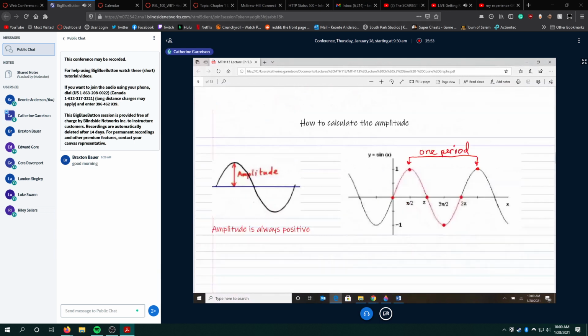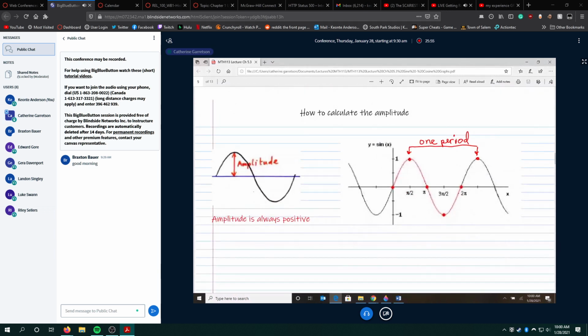So amplitude. Another way, sometimes the graphs will show the period as the distance between the two high points. So, here is one period, but you could think it's the distance between the two high points, which is still 2 pi. Now, amplitude is how high.